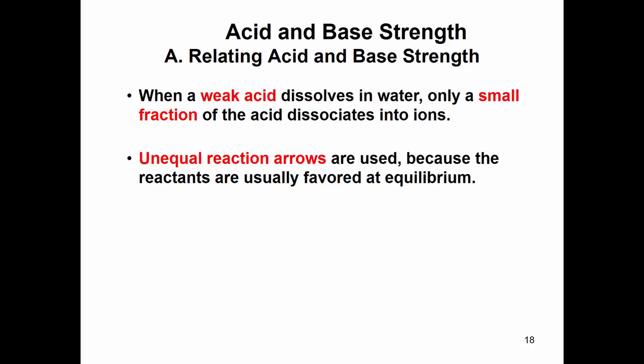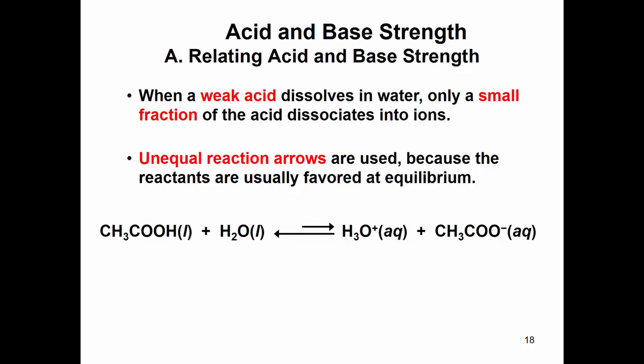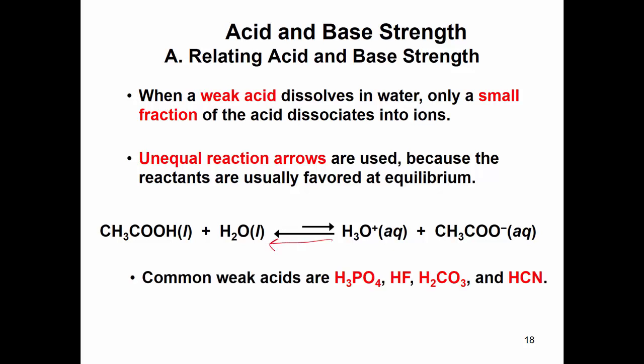For a weak acid, this is the opposite. Not all of the weak acid, only a small fraction of the acid actually dissociates, breaks apart into ions. Therefore we use unequal reaction arrows because the reactants are favored in this situation. Here, this is acetic acid.